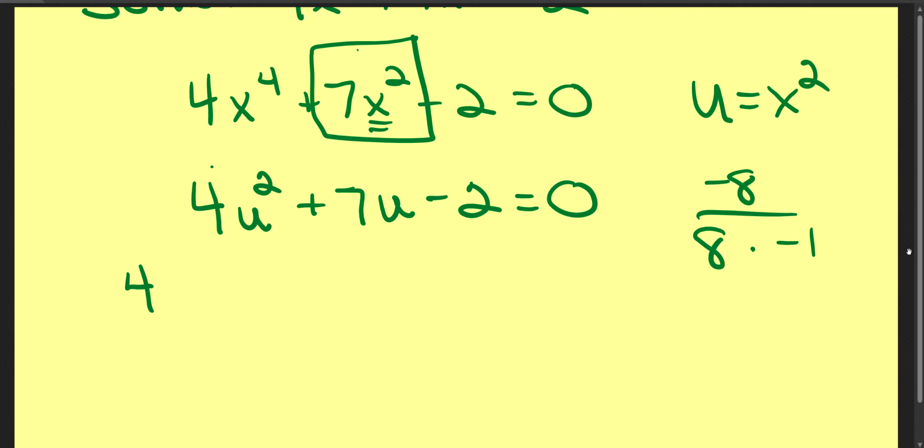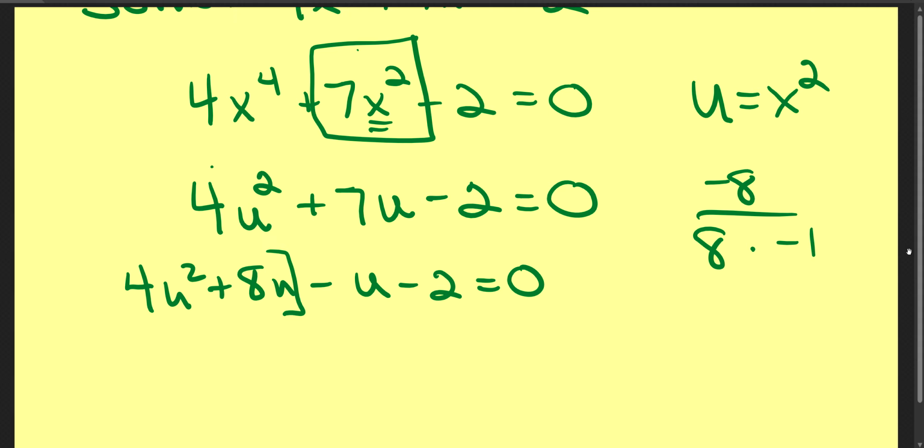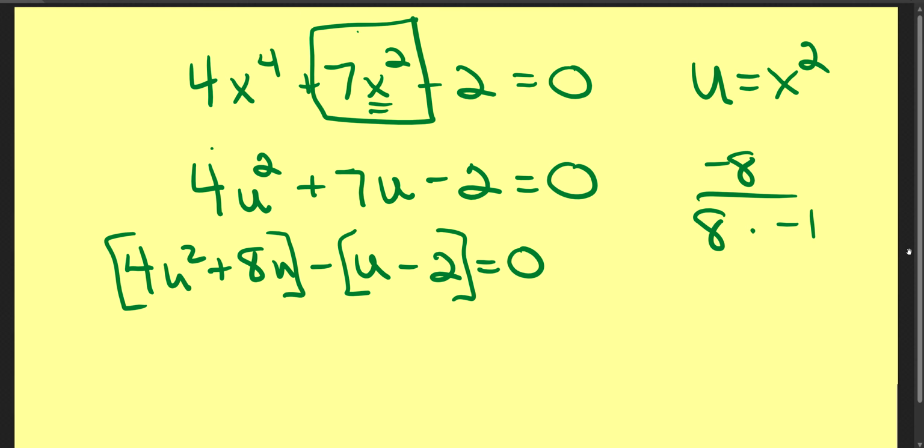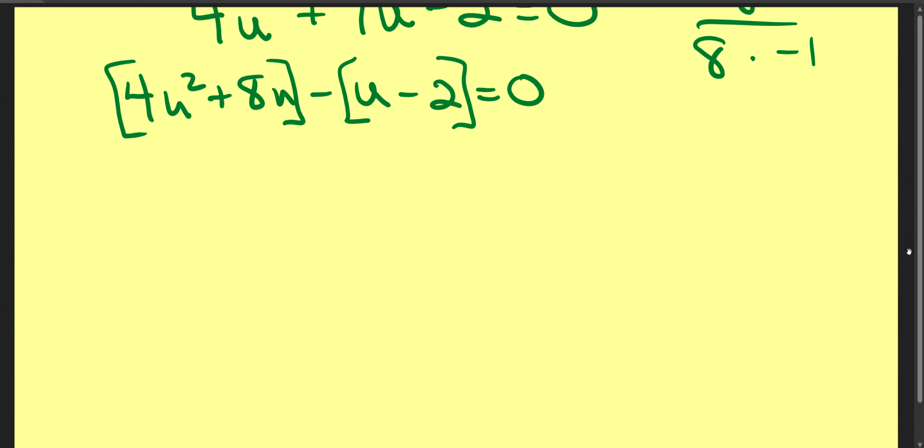Alright, I'm rewriting it now, so it's going to be 4u squared plus 8u minus 1u minus 2 equals 0. Okay, then I know I'm going to group them.